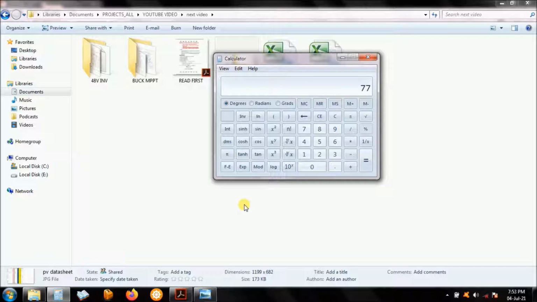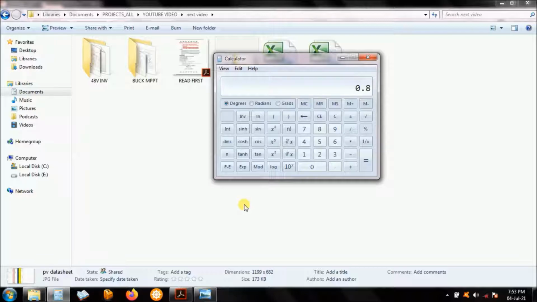watts for a 100-watt solar module, you're actually getting 77%, say 80% of the power that you can get, which means it's 4 divided by 5, about 80%.